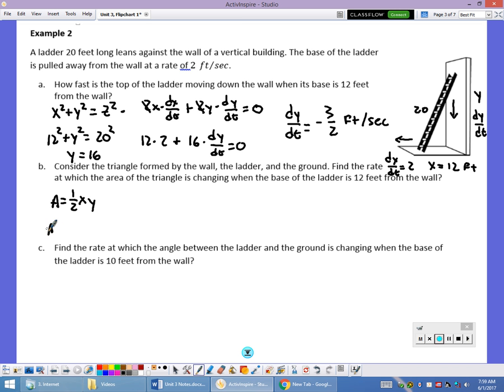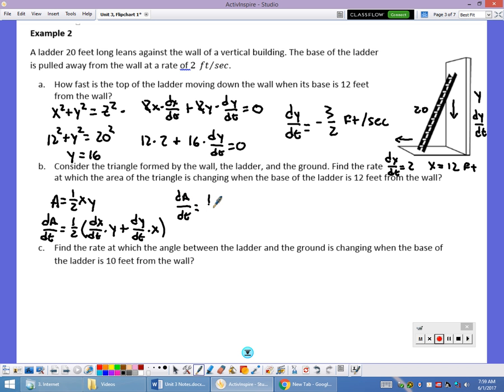Let's use dA/dt. So dA/dt is equal to 1/2. I've got to use product rule, so it's going to be dx/dt times y plus dy/dt times x.